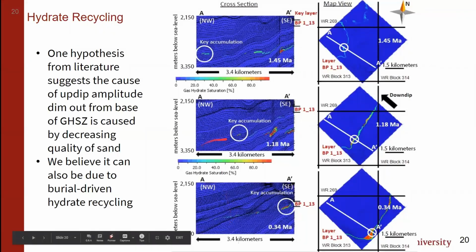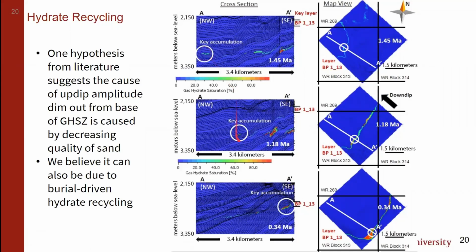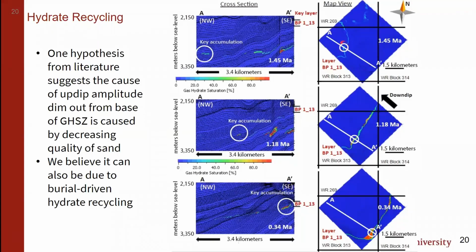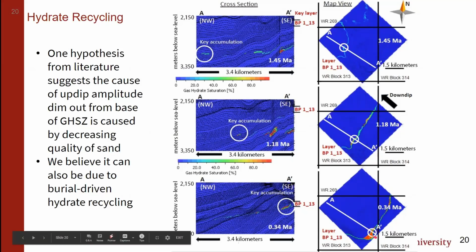And what's happening is because of the dipping sediment, you get sediment burial, and this accumulation migrates upwards and recycles and results in a higher saturation through time. And you can clearly see that in map view as well, with a pretty low saturation of about 5 to 10%, and then resulting in a really high saturation of up to 95%.